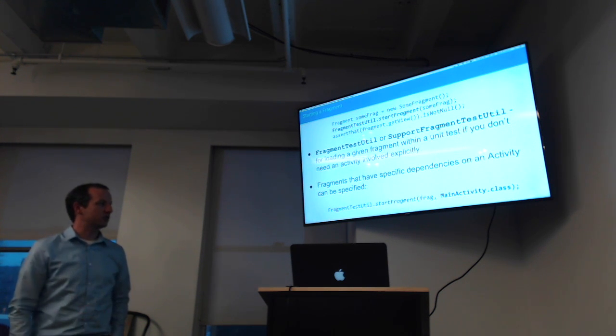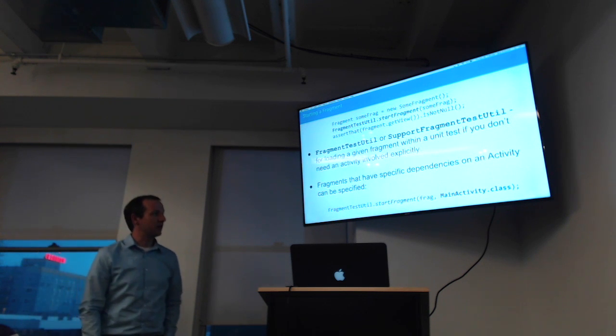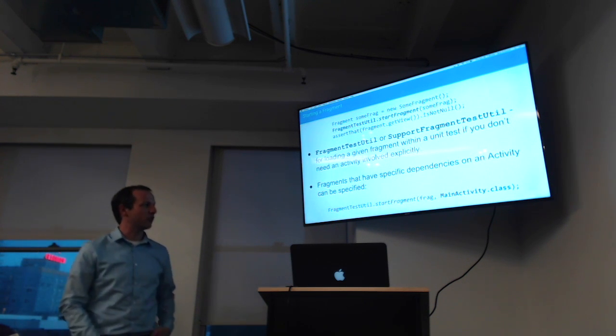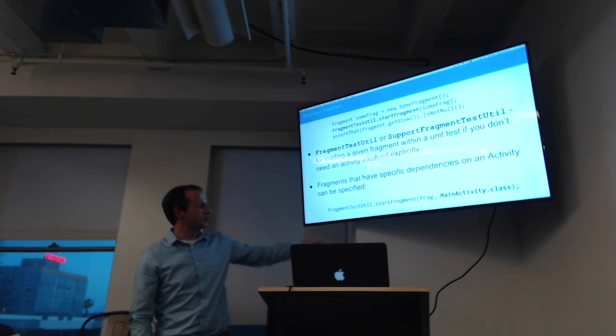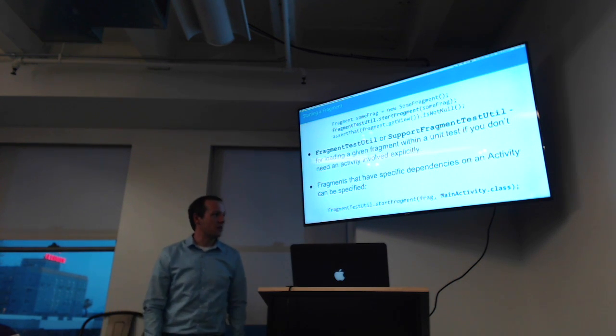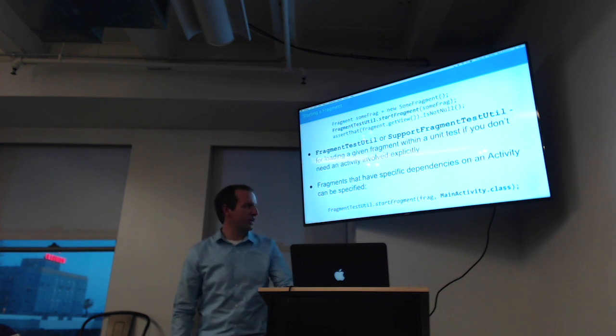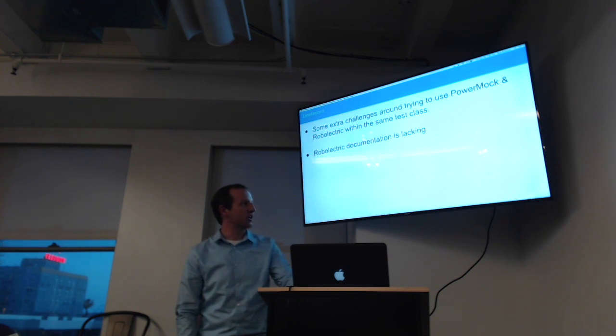If you need some sort of interaction with a specific activity when you create that fragment, you can pass that activity to Robolectric, and that way any interactions a fragment has with a given activity will still function as intended.